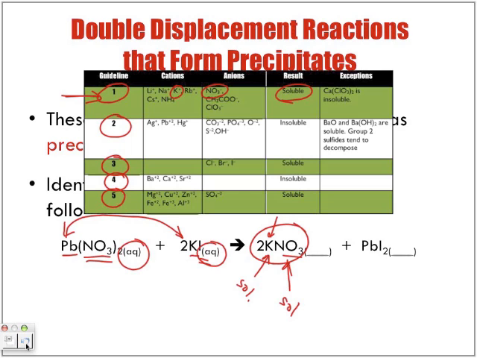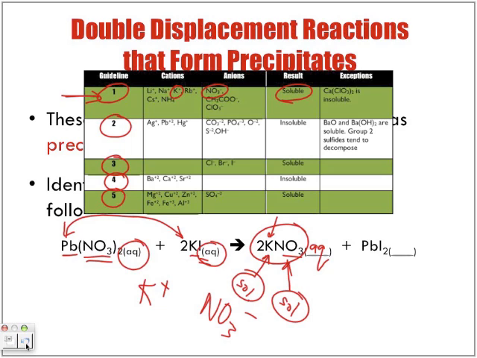So we know it's soluble, so because they're soluble, they will actually dissociate in water. They will separate into your potassiums and your nitrate ions and allow the water to surround it. So because they're soluble, the state in which they're in is aqueous.